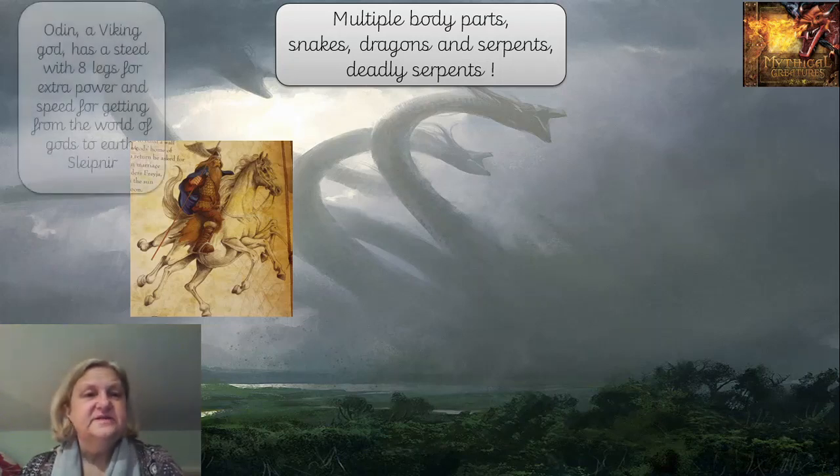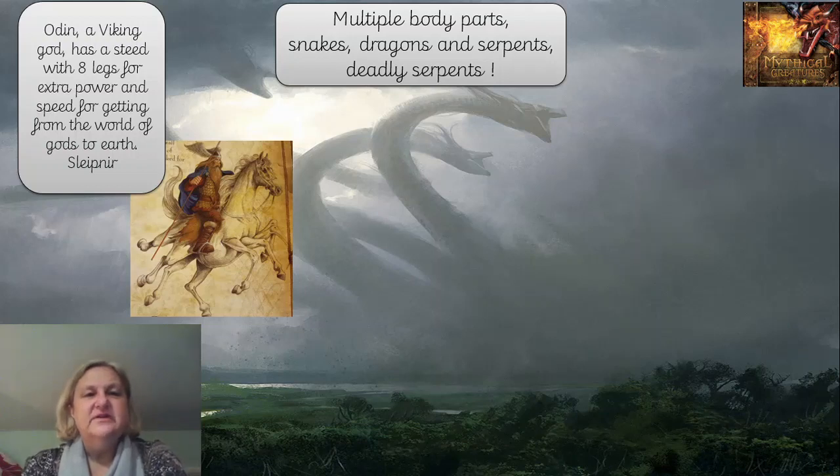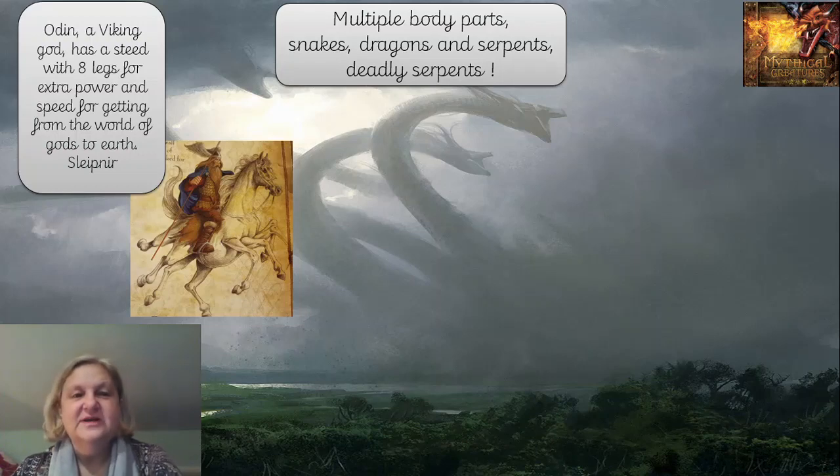Now, this is an old Norse god, an old Viking god, and he has a steed, which is another name for a horse, with 8 legs, and that gives him extra power and speed for getting from the world of gods to Earth, and his name is Sleipnir. I like that name because it reminds me of sort of slaying, and there's a lot of really good sort of murderous words that come out of the Viking tradition of words and Viking language.